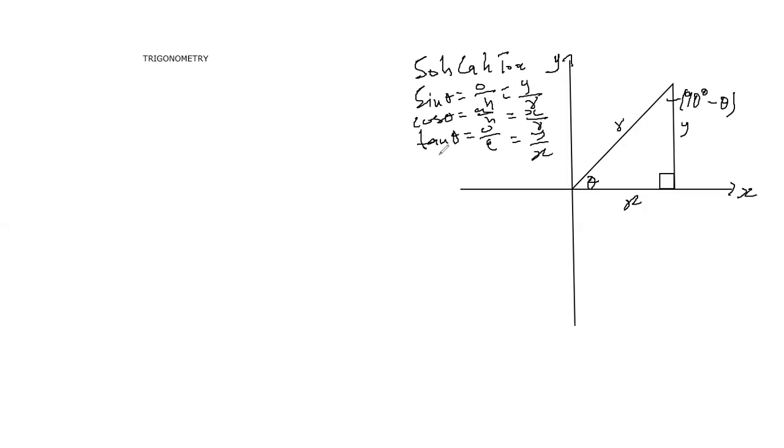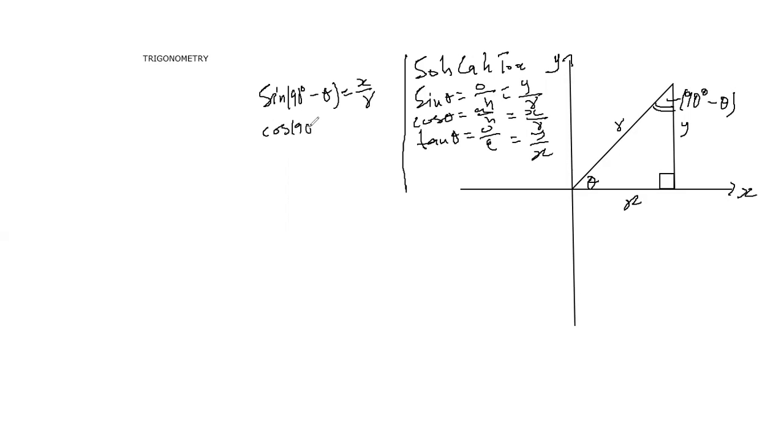Now, something that I'd like to show you quickly, which again you probably know, but it's good to always refresh and repeat stuff. Repetition is a learning process. Now I'm in the position where I'm at 90 minus theta. If I'm on this angle, then sine, which is opposite over hypotenuse, has opposite now x, and hypotenuse remains r.